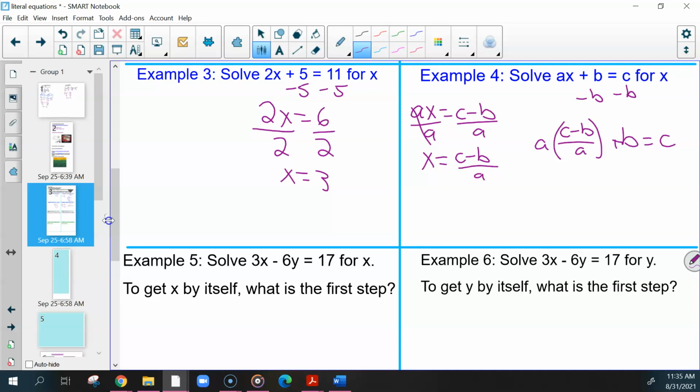Or know that a is the reciprocal of this denominator and these are just going to cancel. Negative b and b would just cancel. We're left with just c equals c, and that works. Do you have any questions on that one?